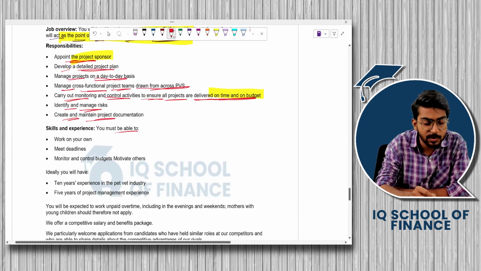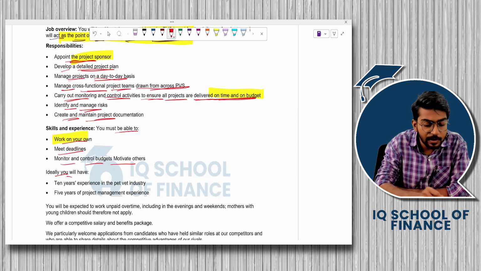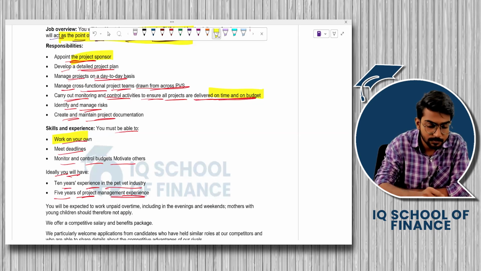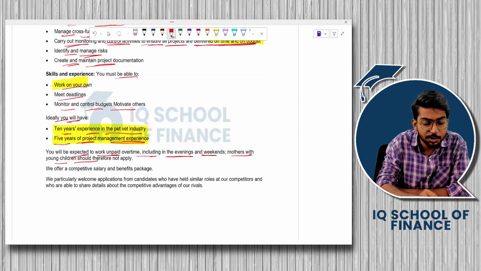Skills and experience: you must be able to work on your own, meet deadlines, monitor and control budget, motivate others. Ideally, you will have 10 years of experience in the pet vet industry, 5 years of project management experience. You will be expected to work unpaid overtime, including in the evening and on weekends. Mothers with young children should therefore not apply.